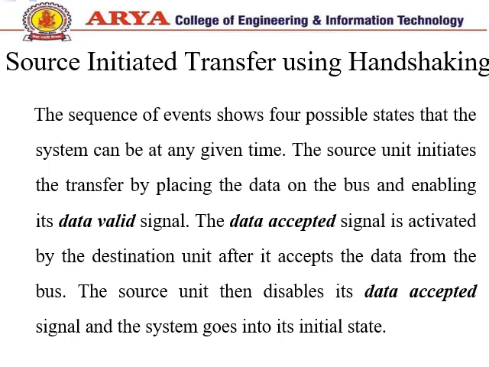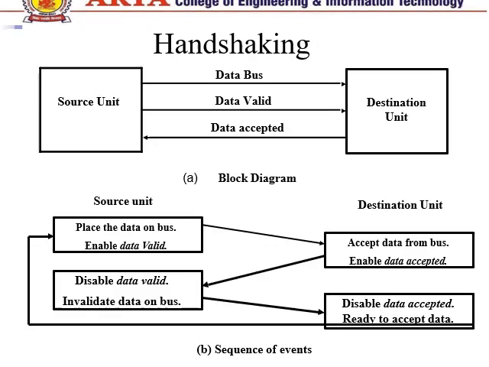The source unit then disables its data valid signal and the system goes into its initial state. This is the handshaking diagram. There are source and destination. There are data bus, data valid signal and data accepted signal. This is the first, the block diagram. Second is the sequence of events. There are source unit and destination unit.